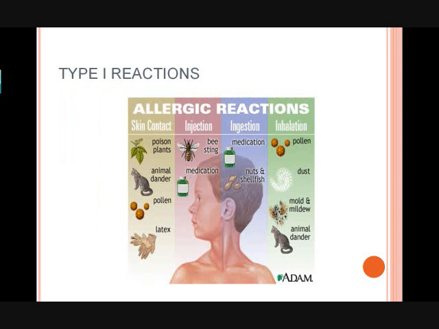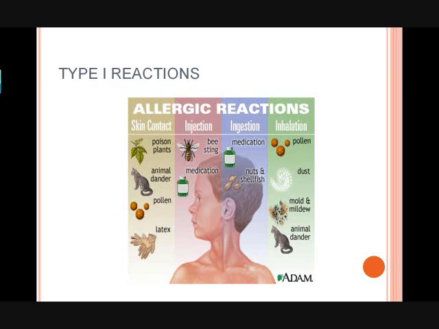Type 1 reactions, allergic reactions. There's skin, upon contact: poisonous plants, poison oak, ivy, poison sumac, as a result of animal dander or sometimes animal saliva, pet saliva, pollen in the environment, or latex allergies with patients in the hospital. Mostly everything is latex-free in the hospital now as a result of that.